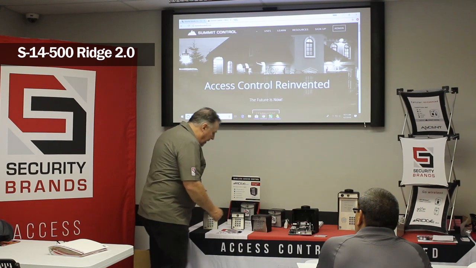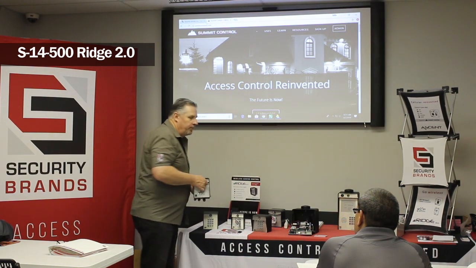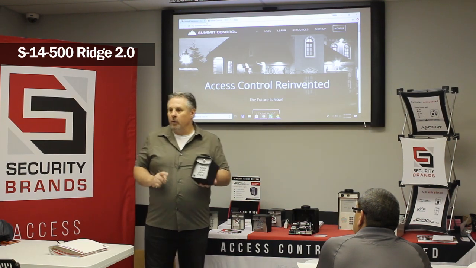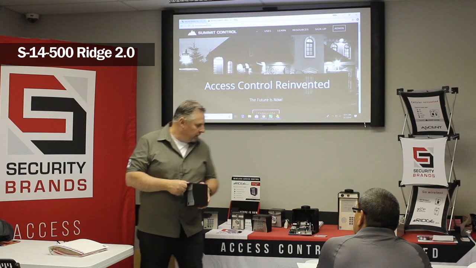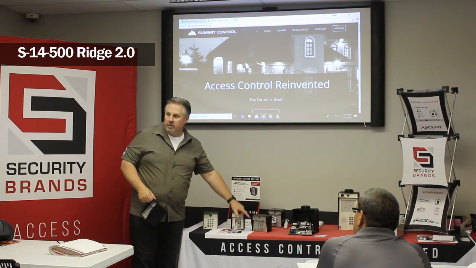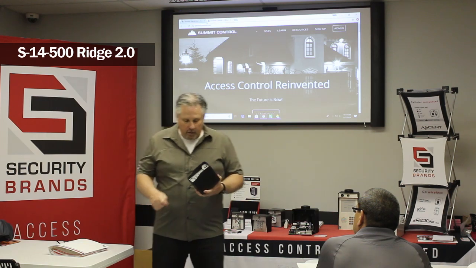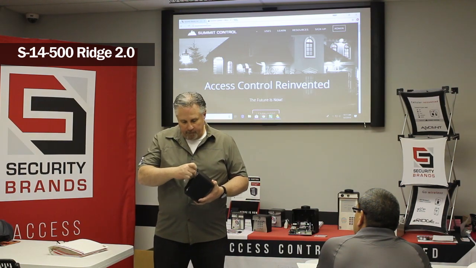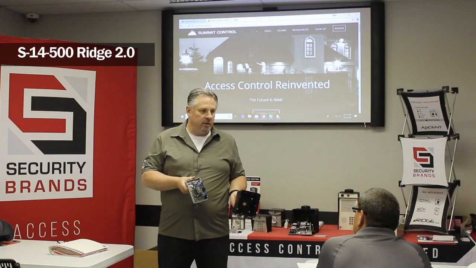Now, the last keypad I want to show you is my Ridge. And the Ridge is a wireless keypad, as opposed to steel. So these are steel with a stainless steel faceplate. This one's a polycarbonate with a polycarbonate or plastic faceplate. This is a wireless keypad, runs on 9 volts DC.